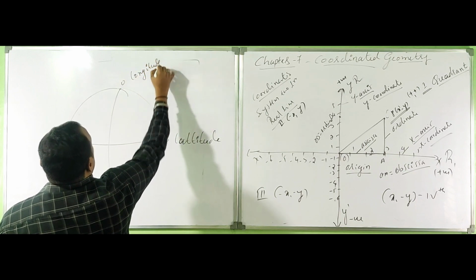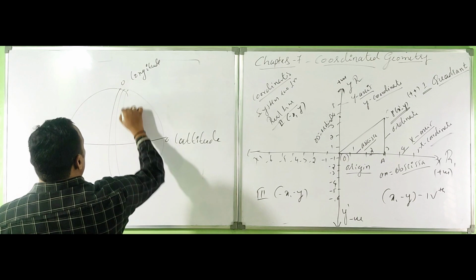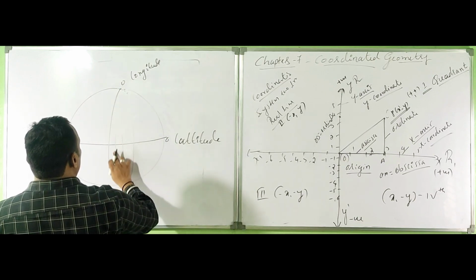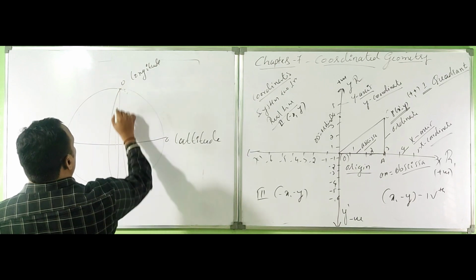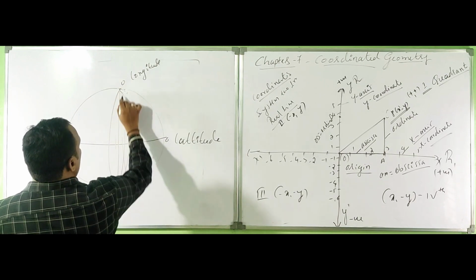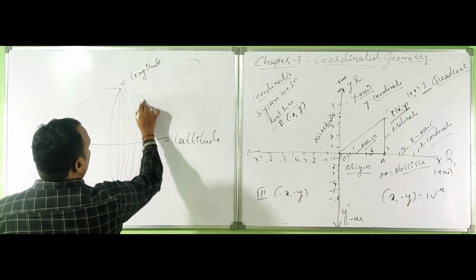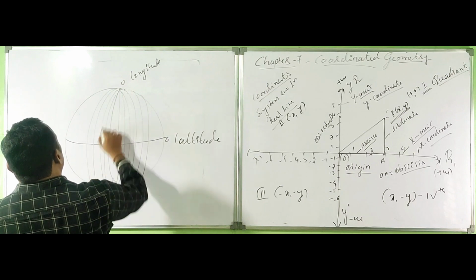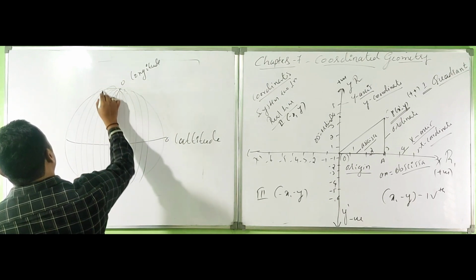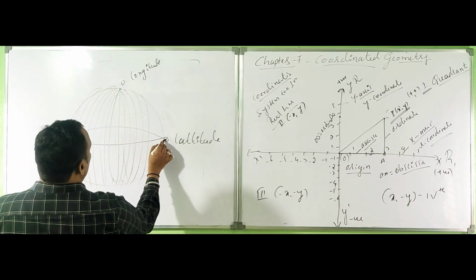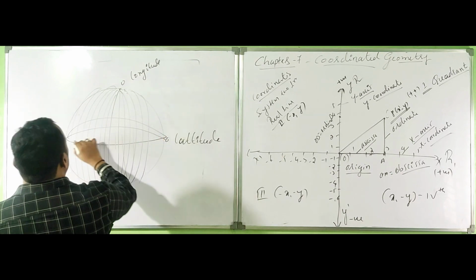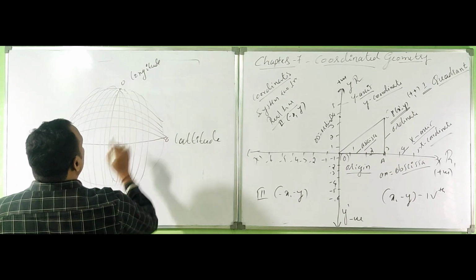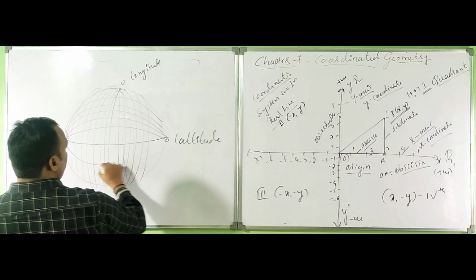These are called longitudes. These are also called imaginary lines on the earth.